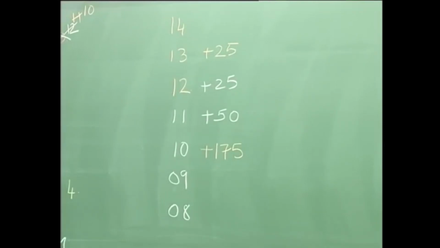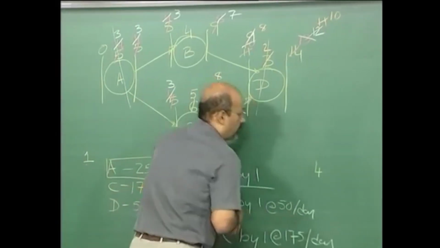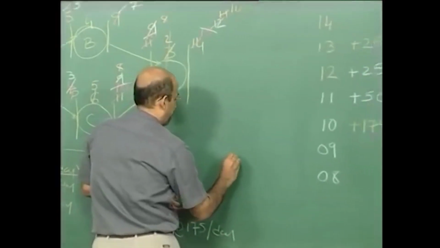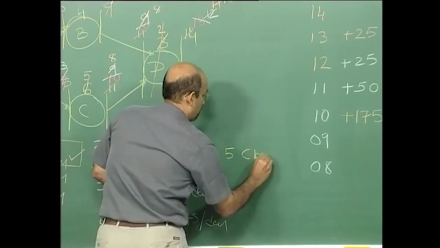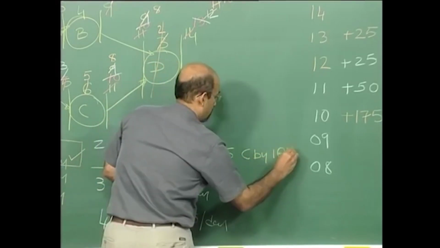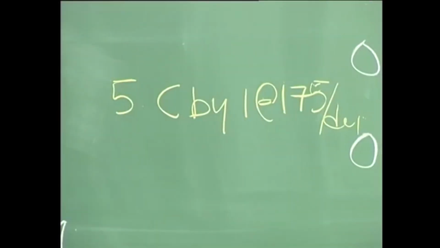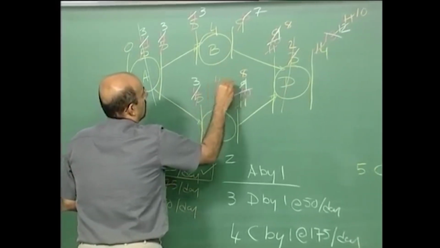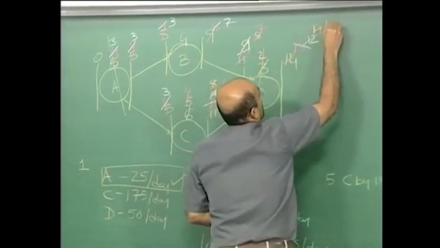Now I can go again, my fifth step will also be C by 1 day. I am going to write my fifth step here. So now I am going to move this down to 4, 7, 7, 9.